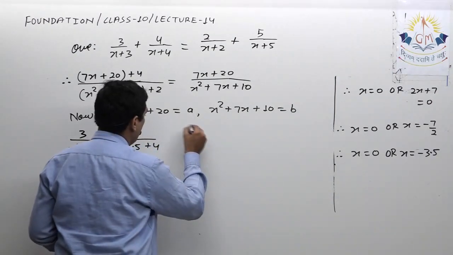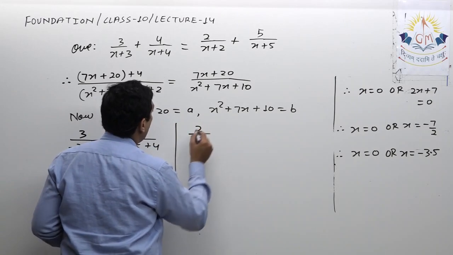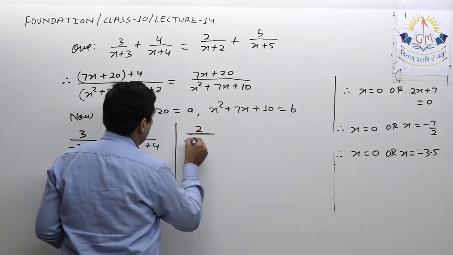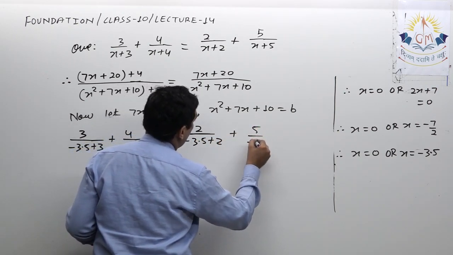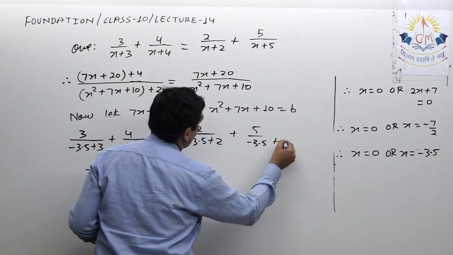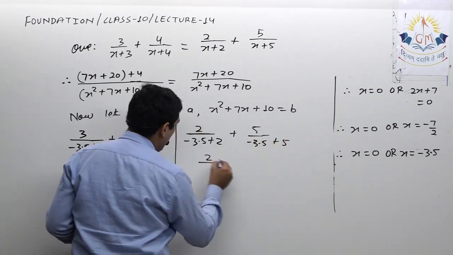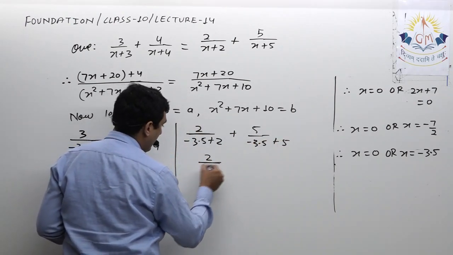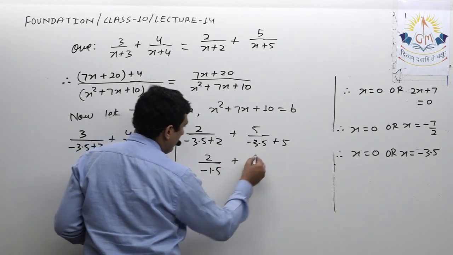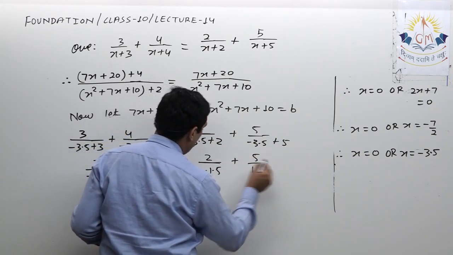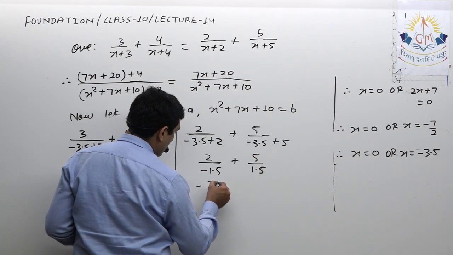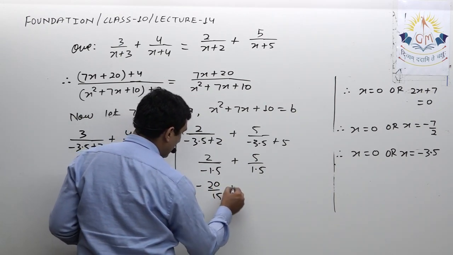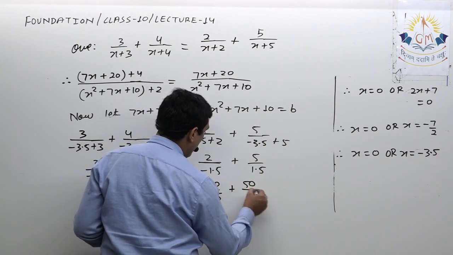Now the right hand side: 2 upon (minus 3.5 plus 2) plus 5 upon (minus 3.5 plus 5). So this is 2 upon minus 1.5, plus 5 upon 1.5, that is minus 20 upon 15 plus 50 upon 15.